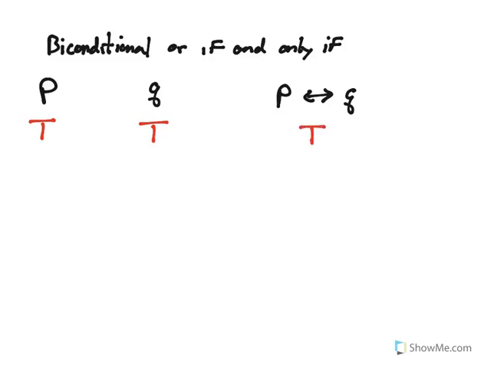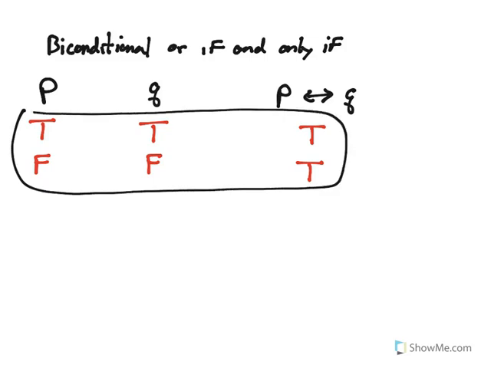That will yield a true biconditional statement. And if you have two false propositions, then that will also yield a true biconditional statement, believe it or not. So those are the only two that you have to remember.